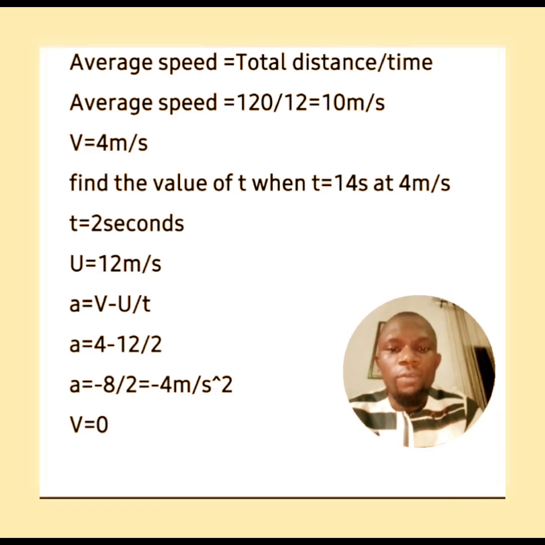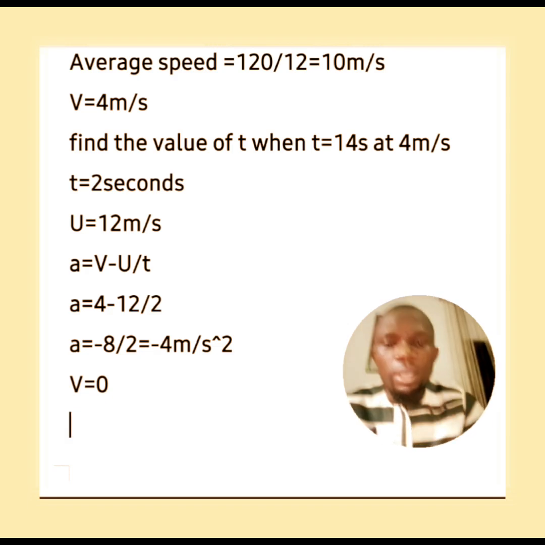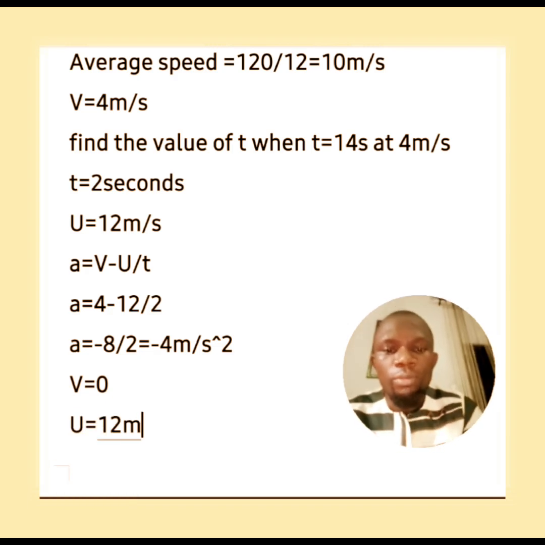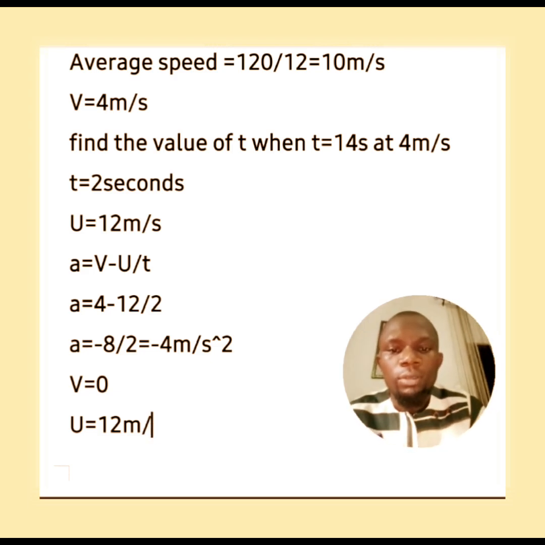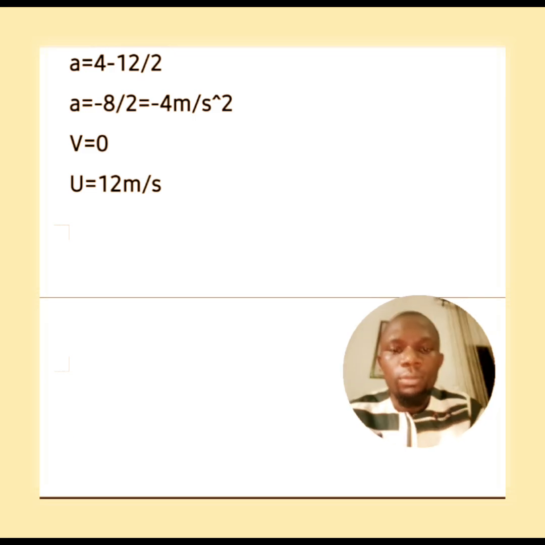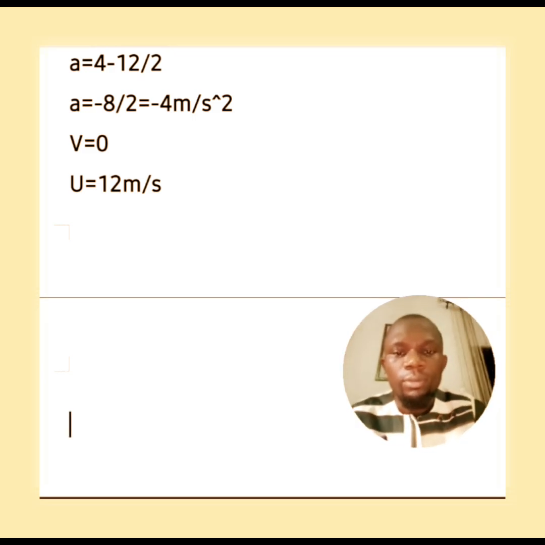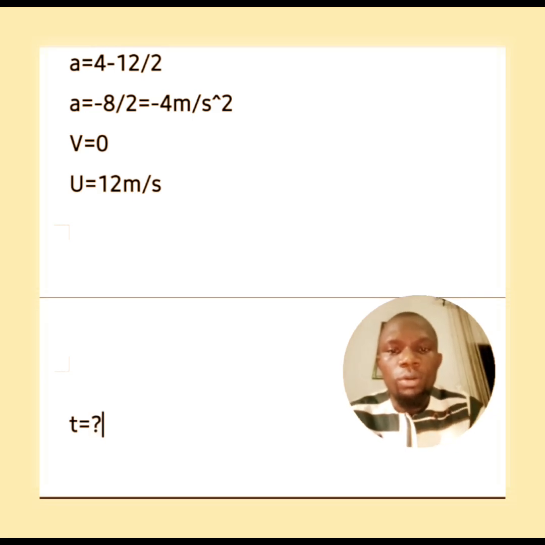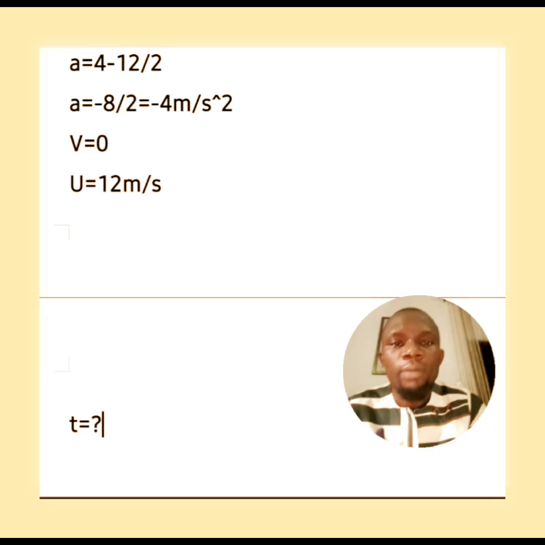My initial velocity is equal to 12 meter per second. So my T there now is unknown, because I'm looking for the final stage, which is to find the value of T when the car comes to rest.